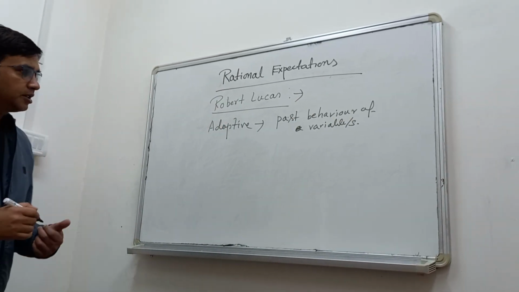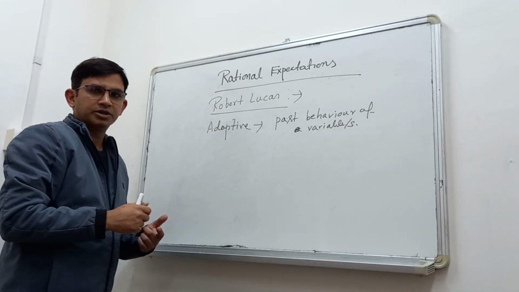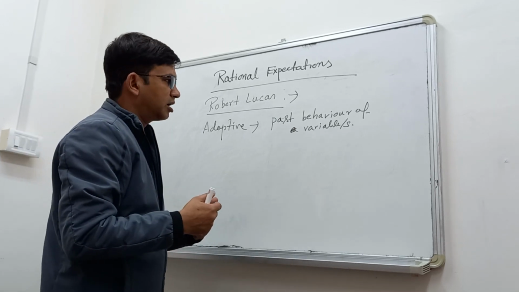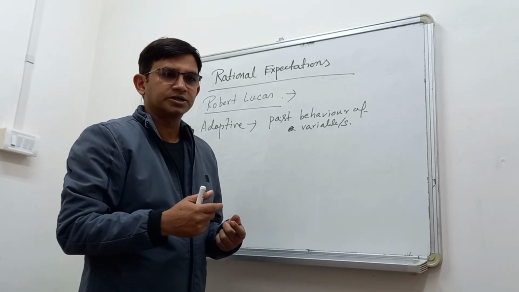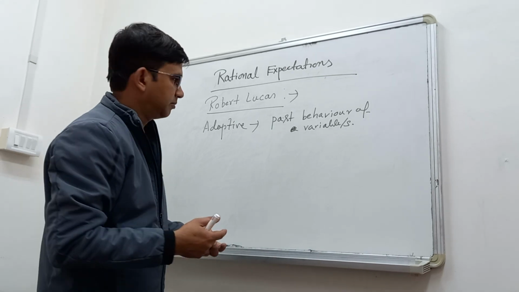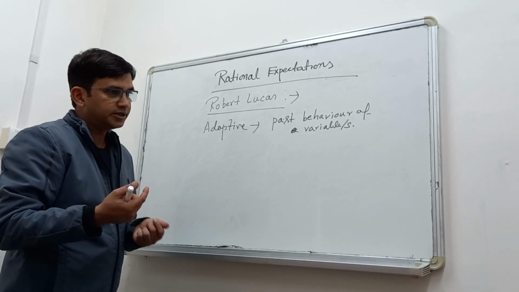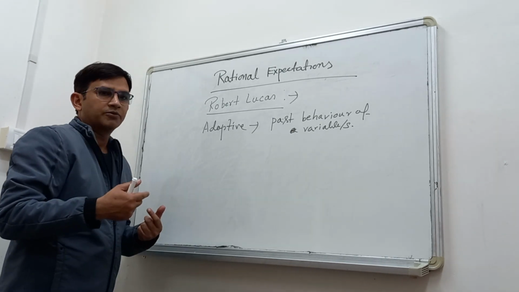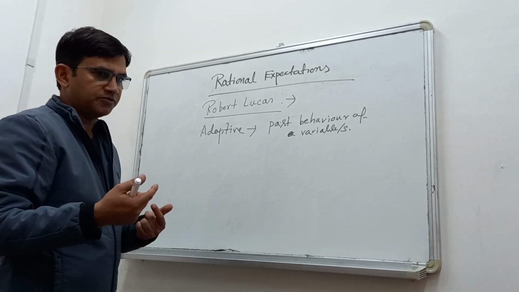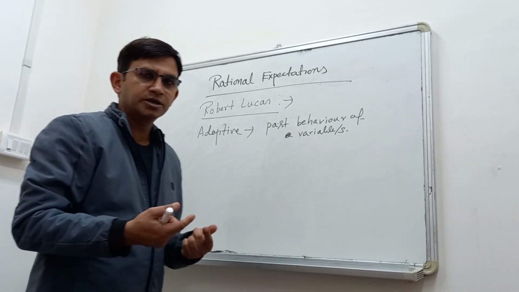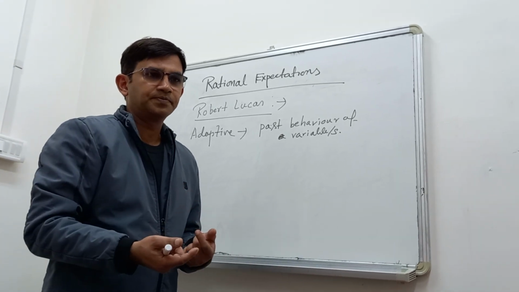So for example, whenever we find out the relationship between expected inflation, actual inflation and cyclical unemployment, then the inflation inertia is based on the adaptive expectation. That means expected inflation of the previous year.